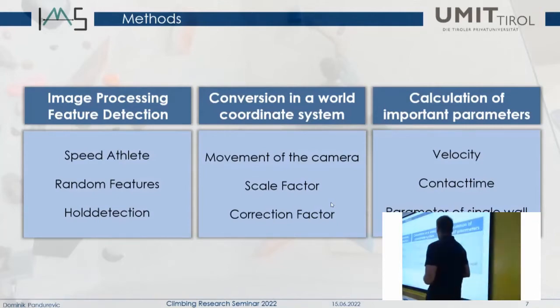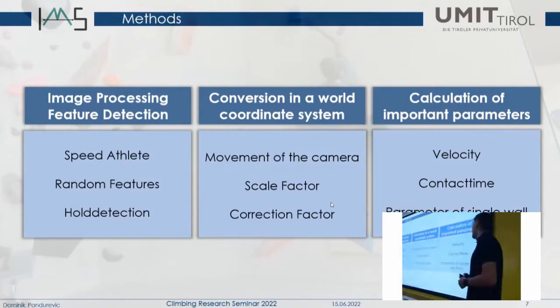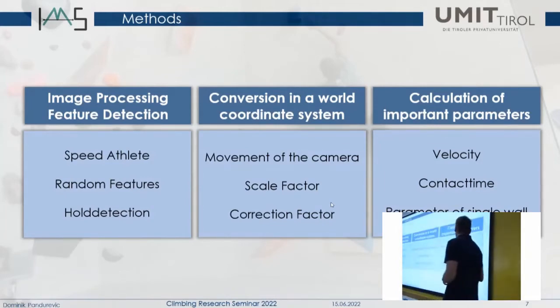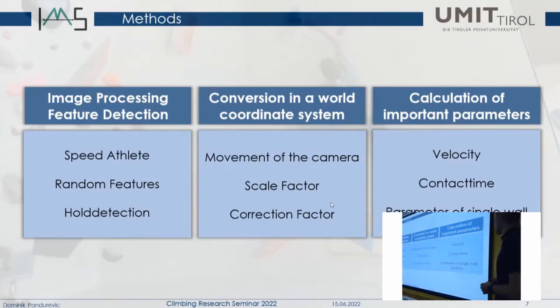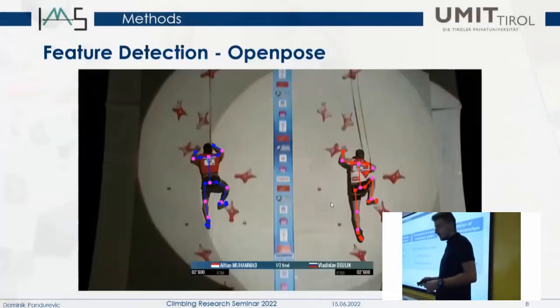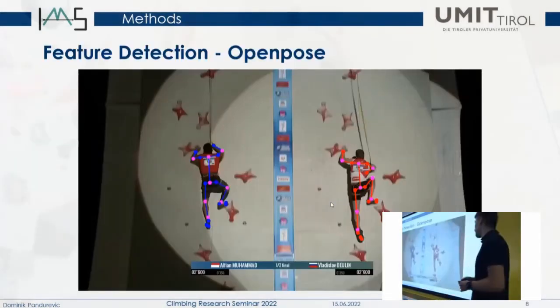Afterwards, we are able to calculate the movement of the camera, the scale factor, and some correction factors. And at the end, we can calculate important parameters like the velocity or contact time or any parameter in any single wall section.